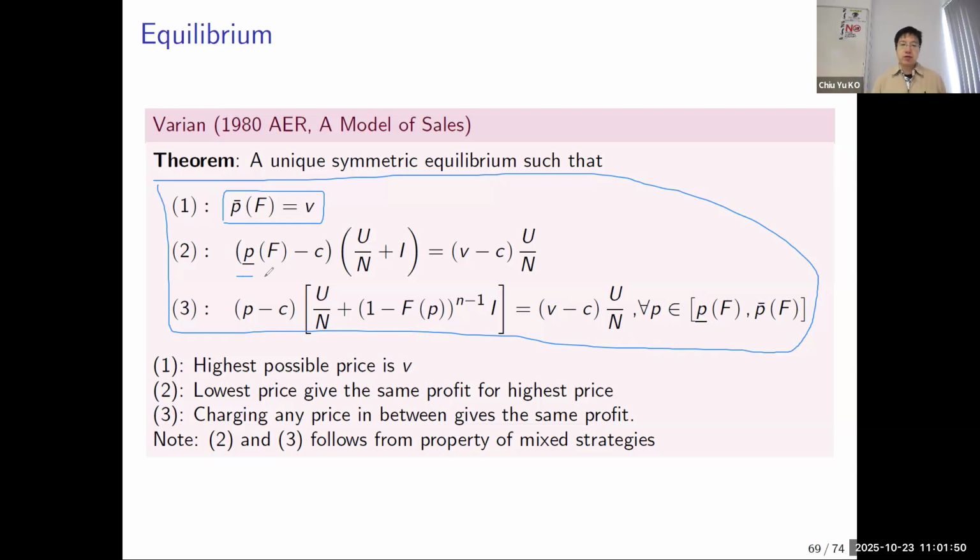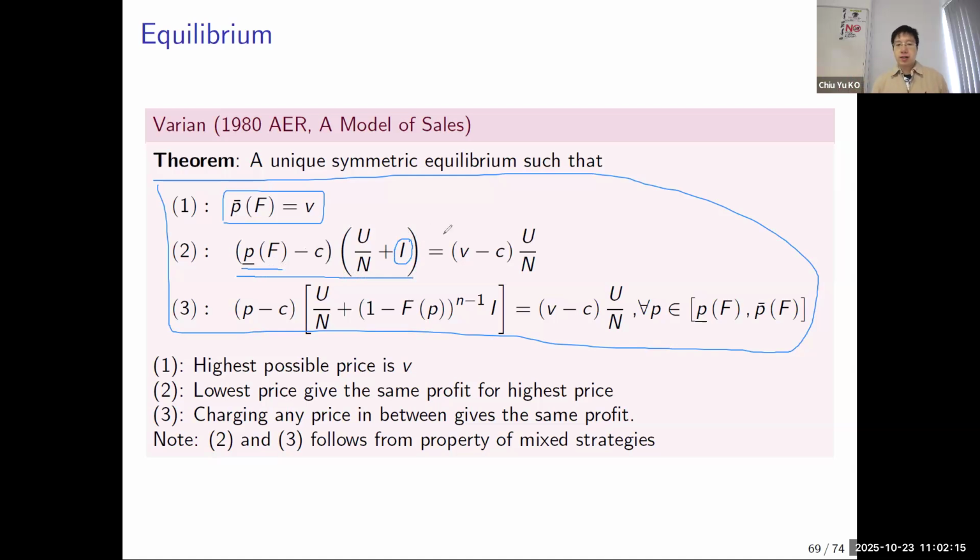And if you win, you're the only winner. You are charging a lower price, you must be winning the whole market, because the continuous distribution has no mass. If you win at the lowest price, you must be the only one.